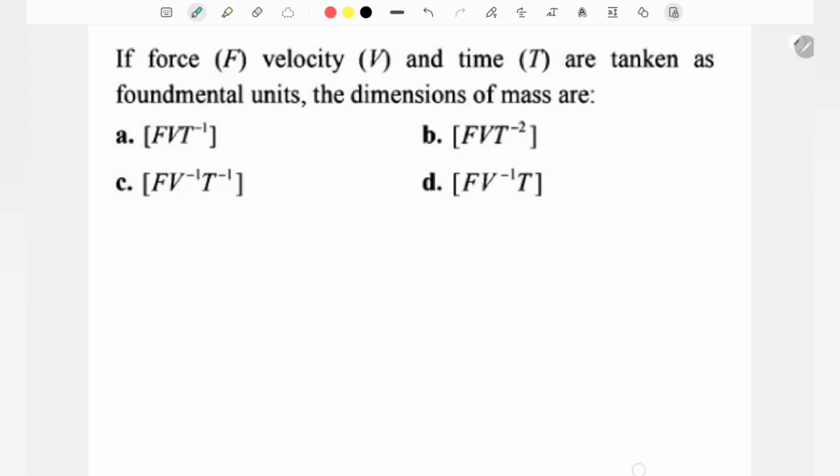If force F, velocity V and time t are taken as fundamental units, the dimensions of mass are. We know that force is equal to mass into acceleration, and acceleration can be written as velocity by time, so F equals m into v by t.